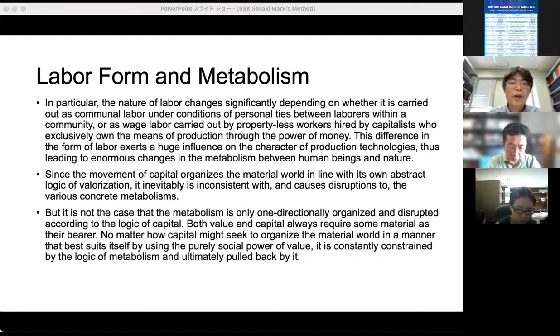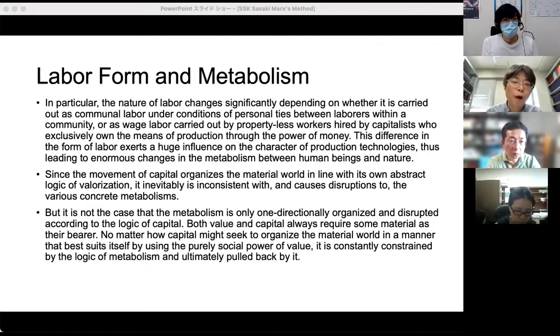Both value and capital always require some materials as their bearer. No matter how capital might seek to organize the material world in a manner that best suits itself by using the purely social power of value, it is constantly constrained by the logic of metabolism and ultimately pulled back by it.